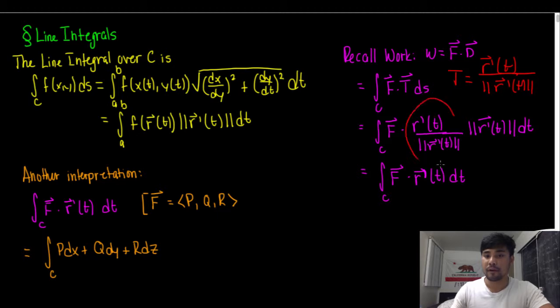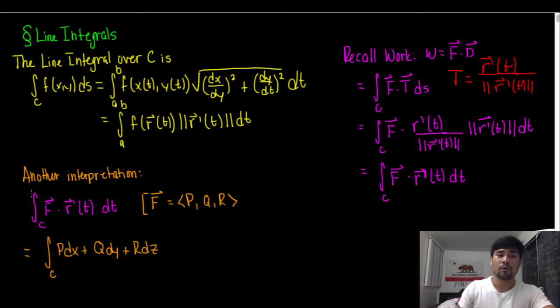And ds is the magnitude of the first derivative of r. Algebraically these cancel, and we're left with the force dotted with r prime of t, with respect to t.